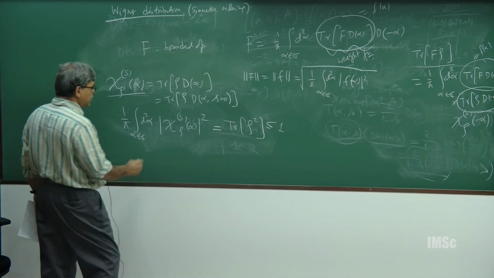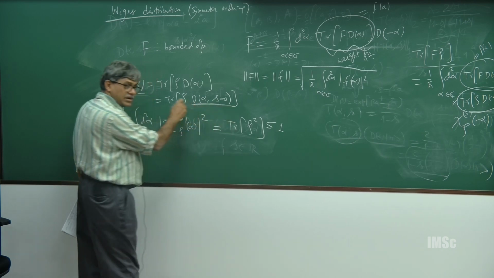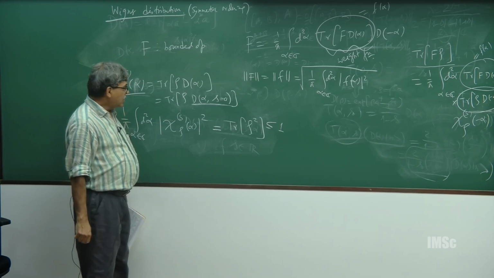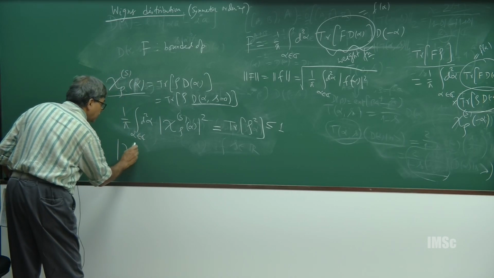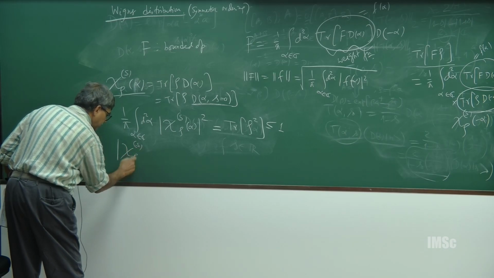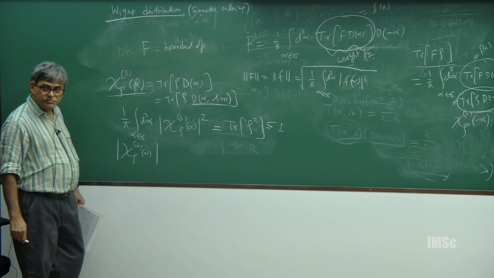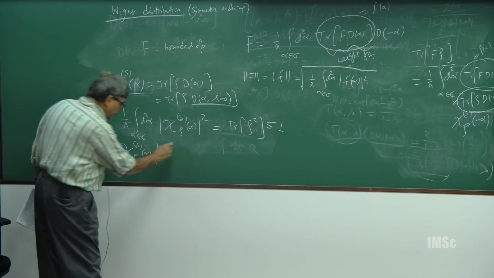And from here, because s is equal to 0, this is a displacement operator. What will be the maximum value, what can this be at most? So, this is less than or equal to 1.